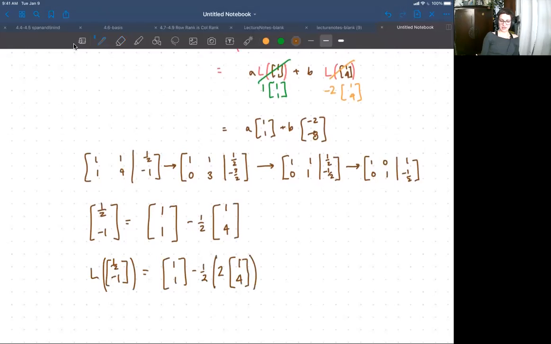And I picked that 1/2 randomly, but gosh, it worked out really nicely because now this just gives us (1, 1) minus (1, 4). And so this thing ends up going to (0, -3). So that was pretty easy to calculate.